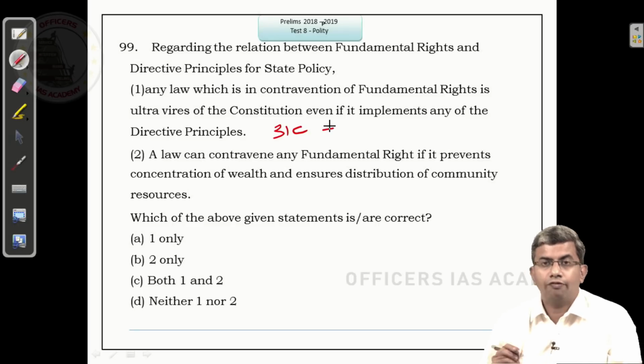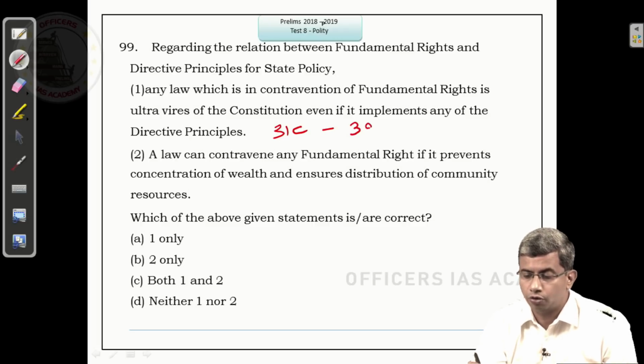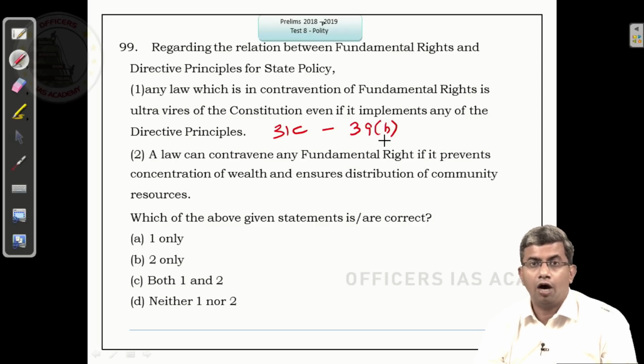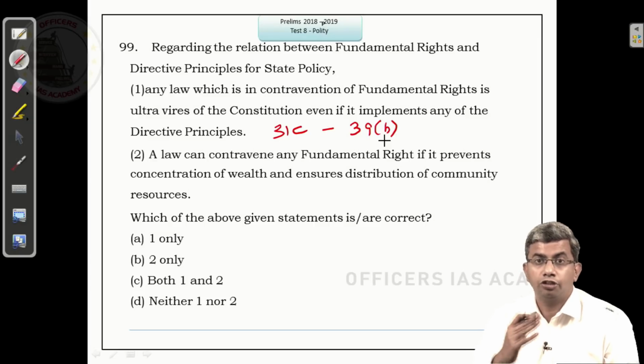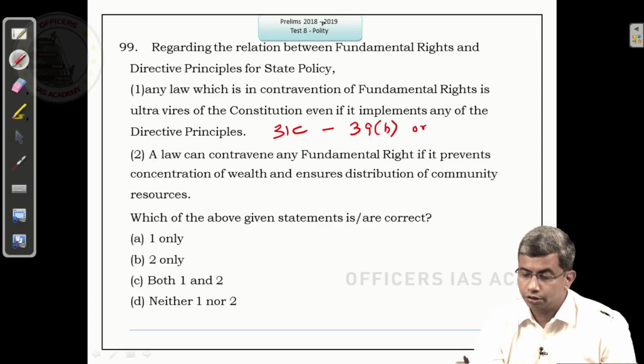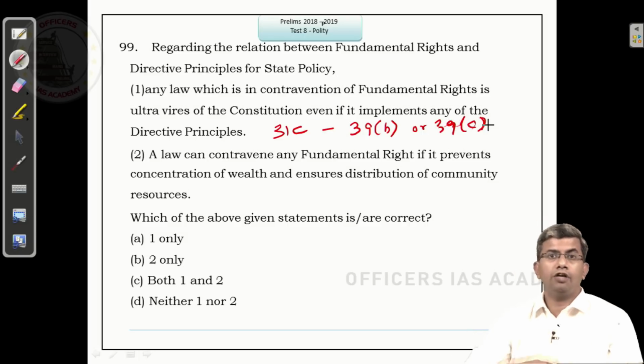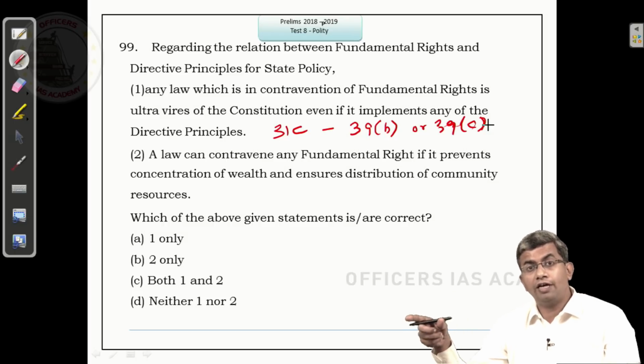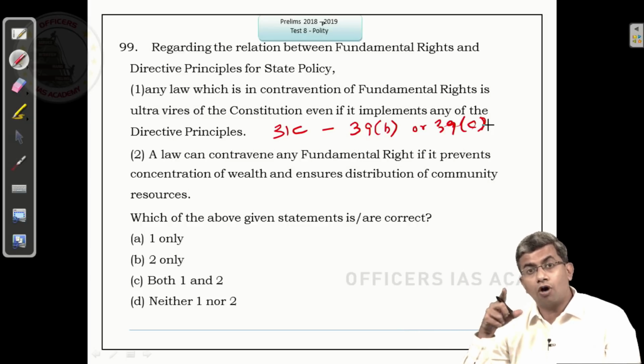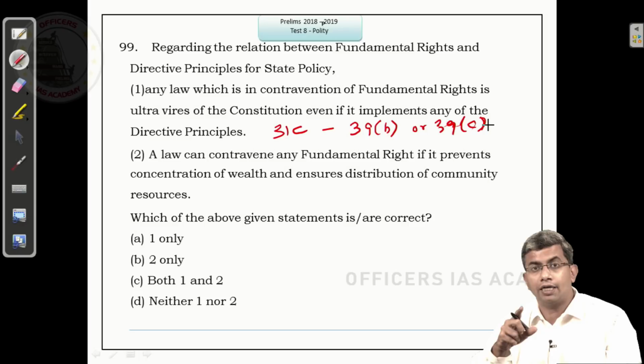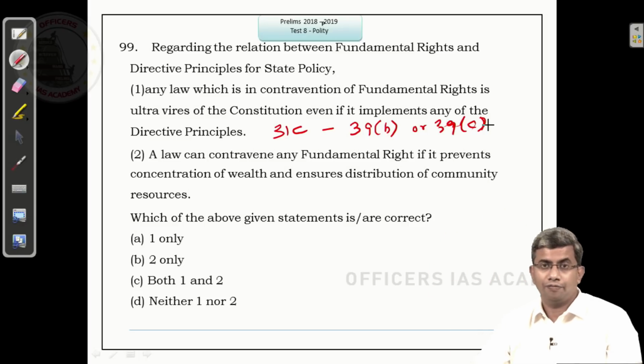It says if the law is to give effect to Article 39B, which talks about equitable distribution of resources, or 39C, which talks about wealth not being concentrated in a few individuals, that law cannot be called into question on the grounds that it violates the fundamental rights guaranteed under Article 14 or Article 19. And that was upheld in the Keshavananda Bharati judgment.